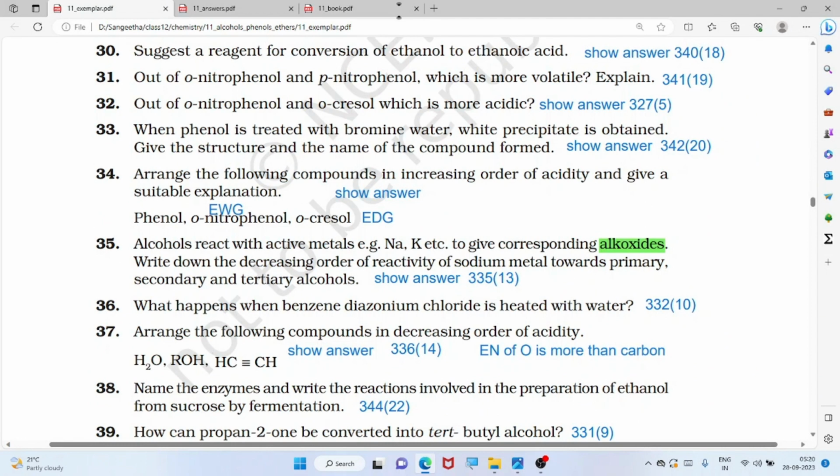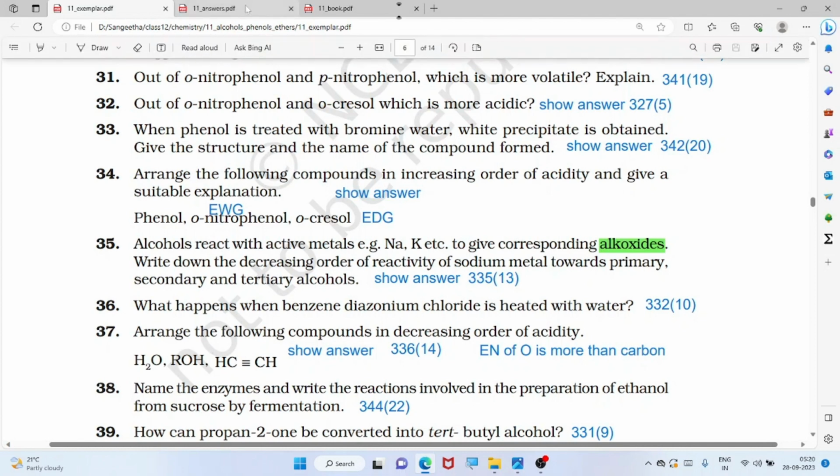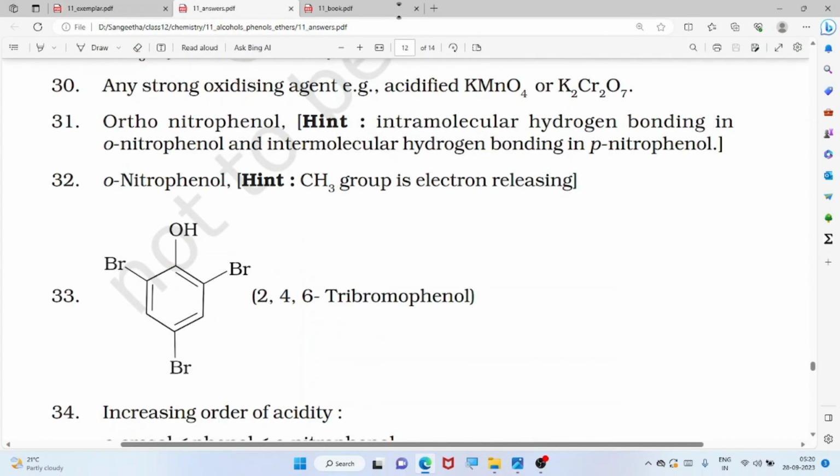Out of orthonitrophenol and the other, which is more acidic? Orthonitrophenol.